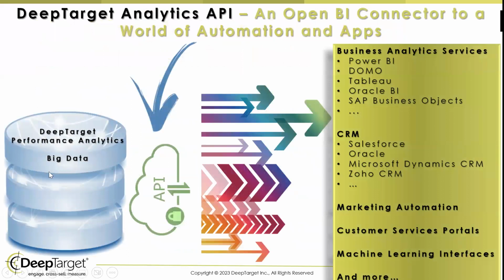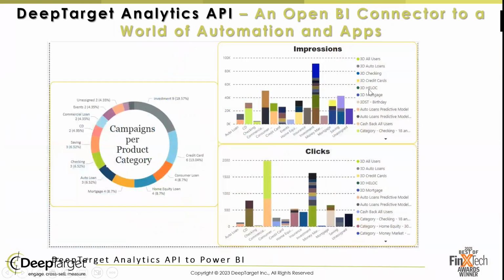So here's Deep Target's big data over here on the left, and you can use our analytics API to pull it into a BI tool or into your sales tool or other marketing automation. And this is a simple Microsoft BI rendering of us in literally a manner of 15 minutes, creating this set of views.